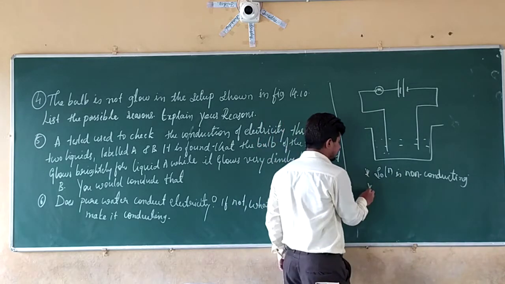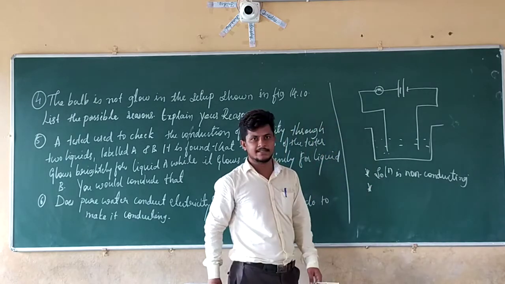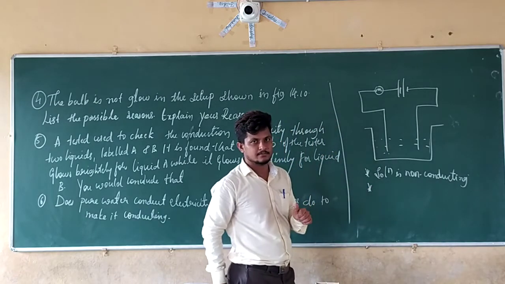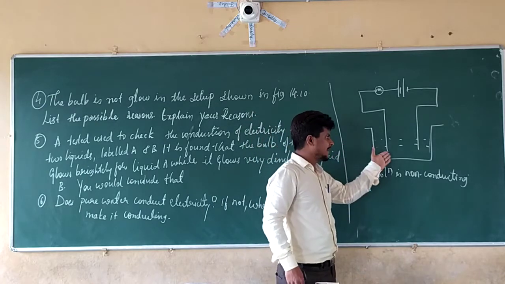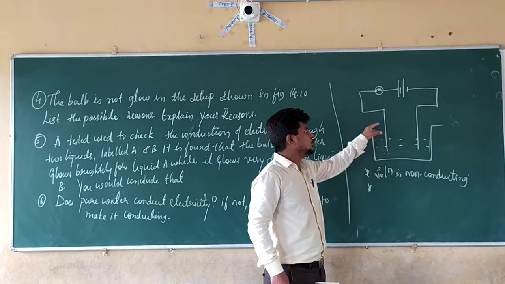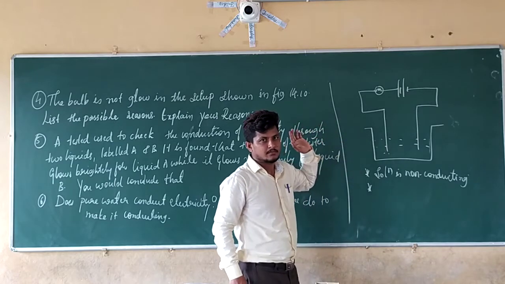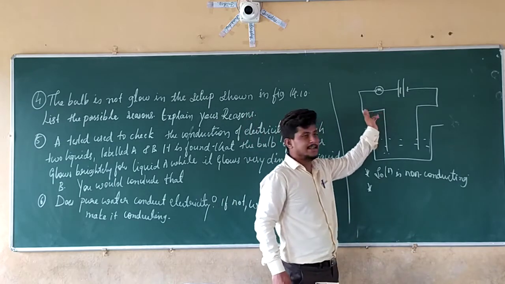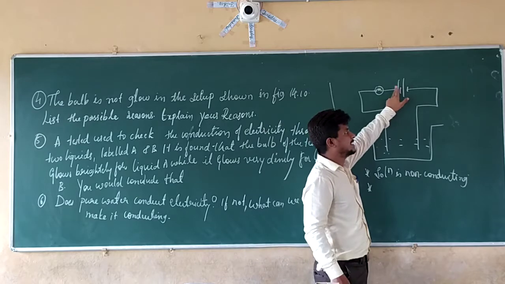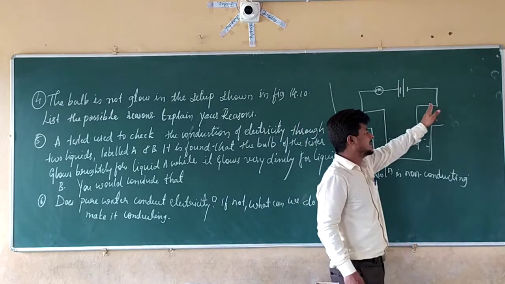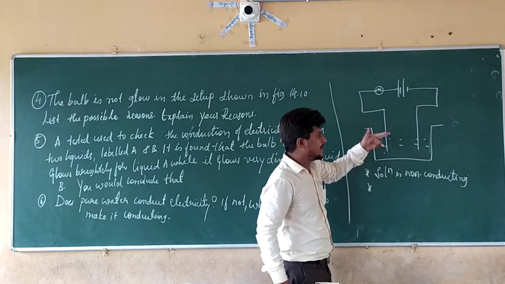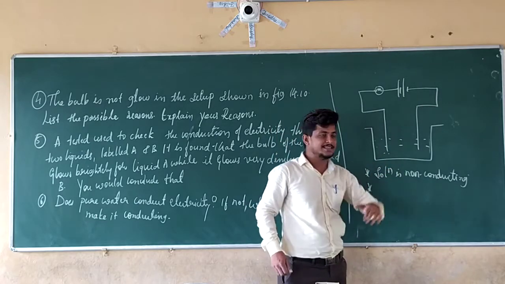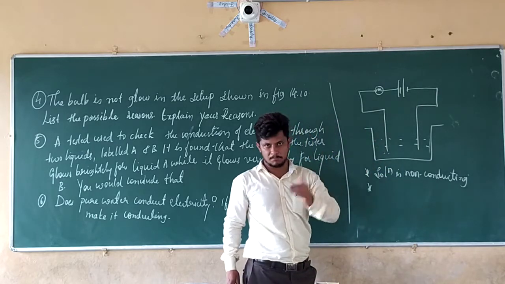Second reason: there may be a loose connection. Even if the material is conducting, if there is a loose connection in this setup, meaning the wire is not connected somewhere or the wire is cut, then the circuit is not completed.